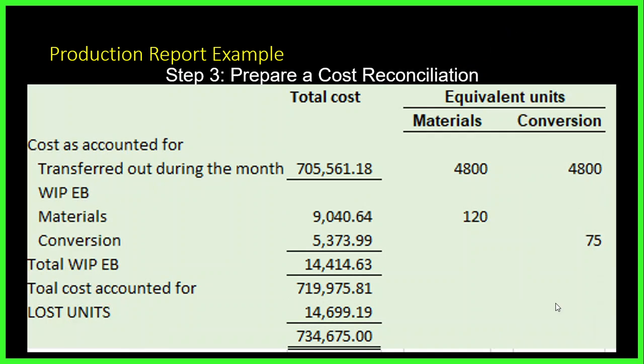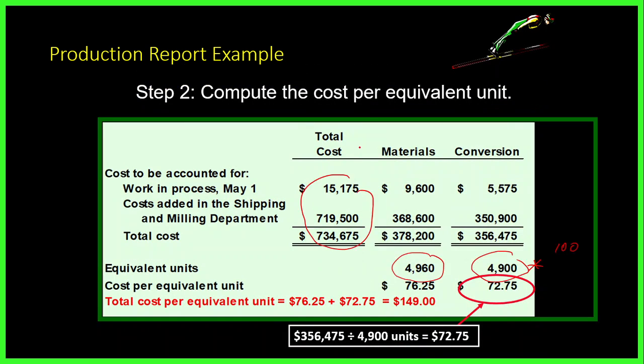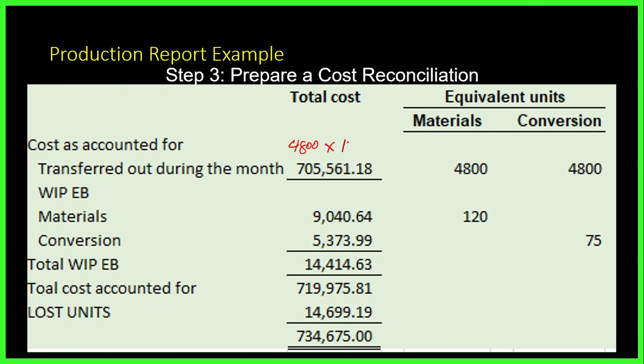Now, let's pretend that you are still enjoying this. Let's go to your reconciliation. How did you arrive at this? How do you compute this? This is actually 4,800 times, what was our cost earlier? 146.99. So times 146.99. And then what about this?